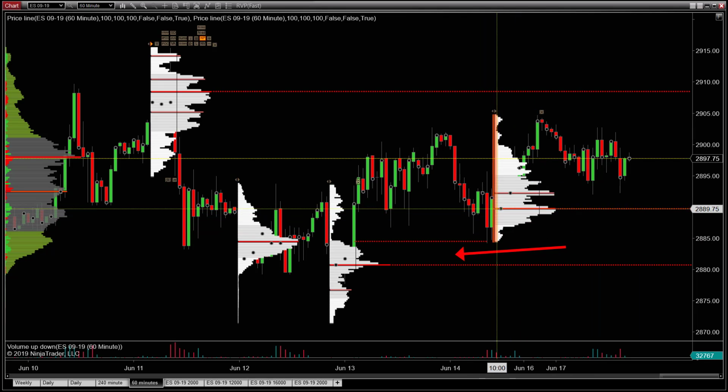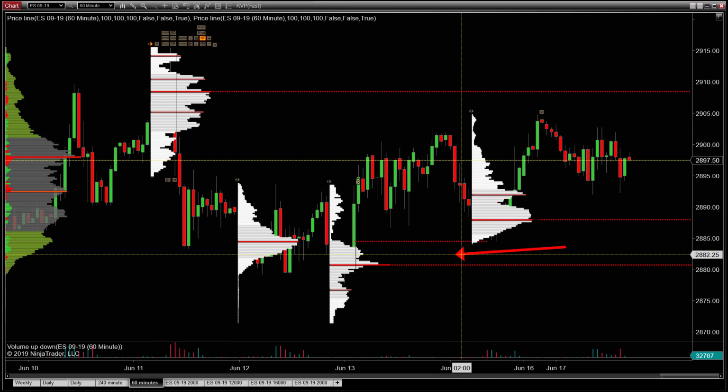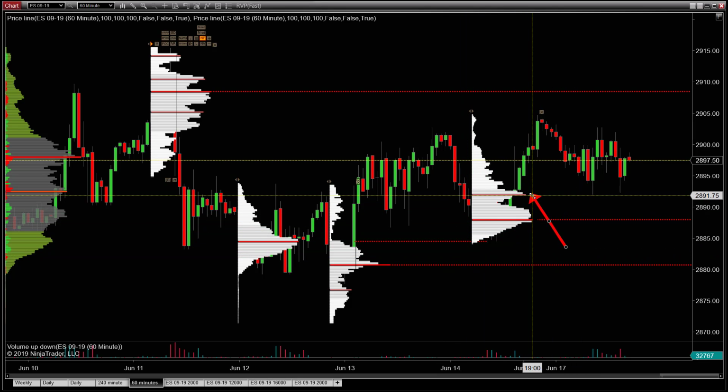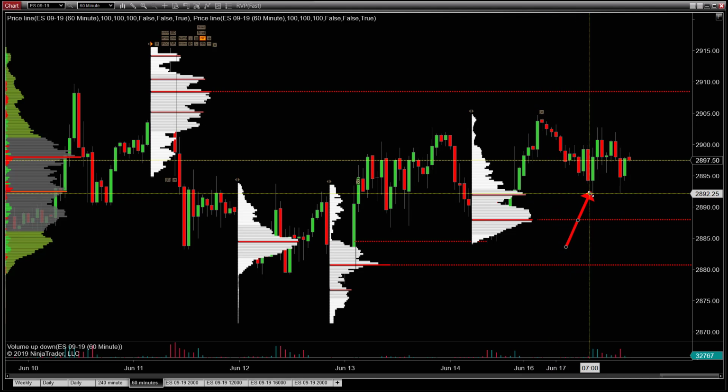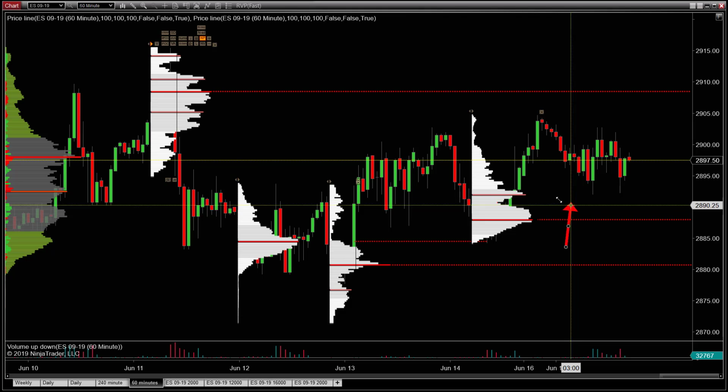So right here, when I pull this back, you can see pretty clearly 28.91.75, which was right where it came down, hit the high volume, and bounced away.